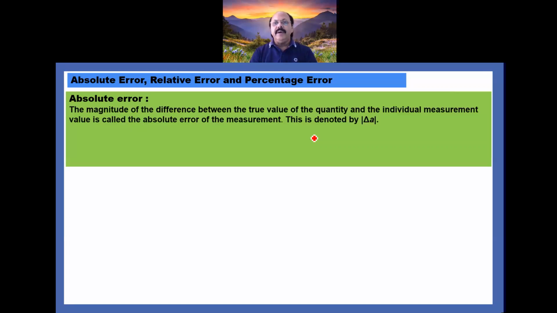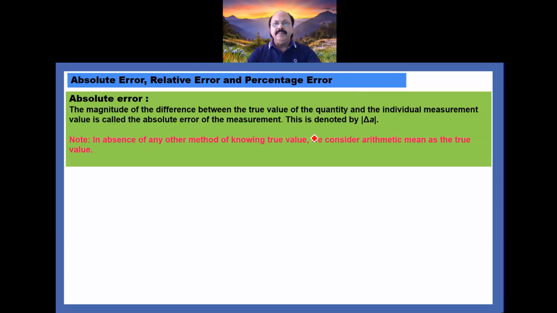This is denoted by mod delta A. So when we perform an experiment and take the individual measurements, and after that we take the difference between the true value and the individual measurement of that physical quantity, that is called absolute error, and it is denoted by mod delta A.